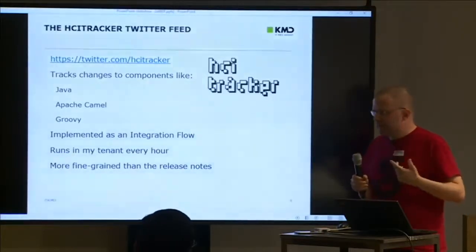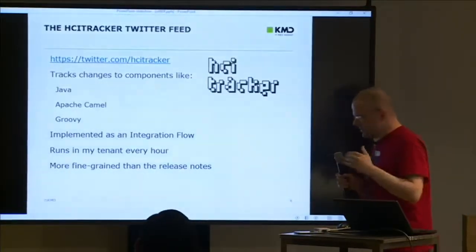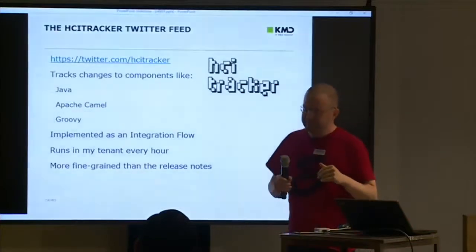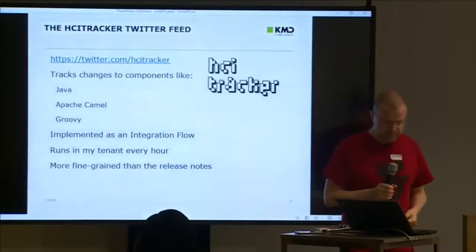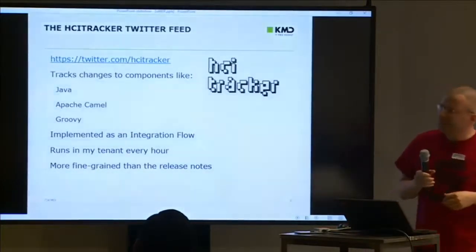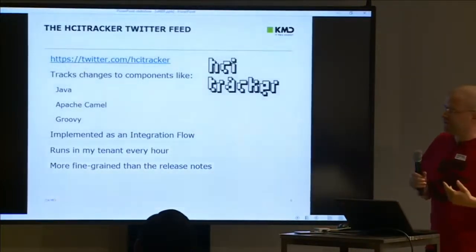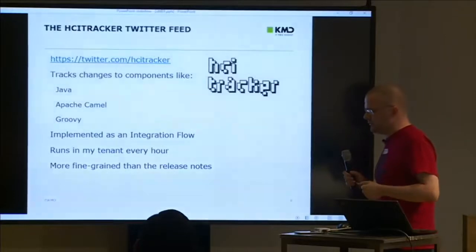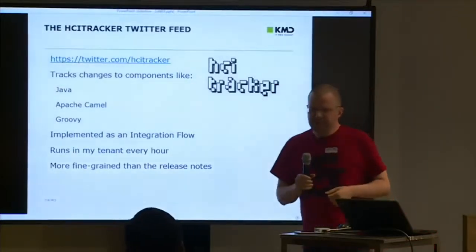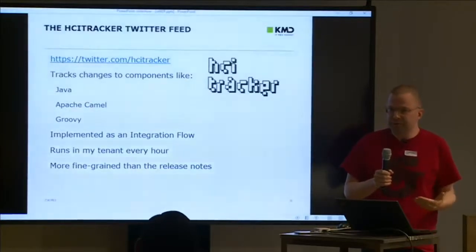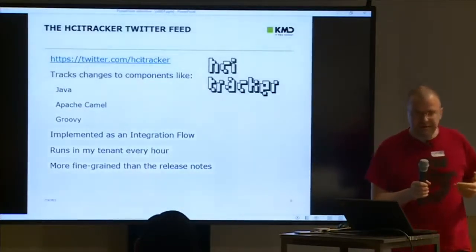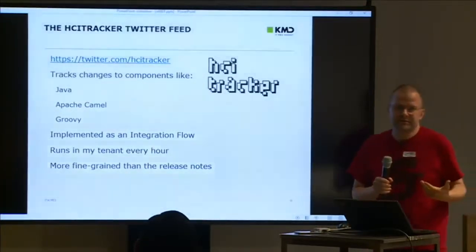And I started thinking that these properties, like the version numbers of the Java runtime and the Apache Camel framework and so on, would be interesting to watch over time. Because some of those upgrades are actually updated quite frequently. And some of those updates bring with them new functionality.